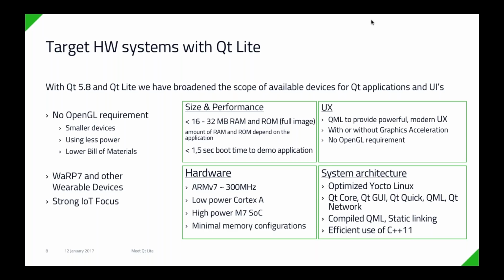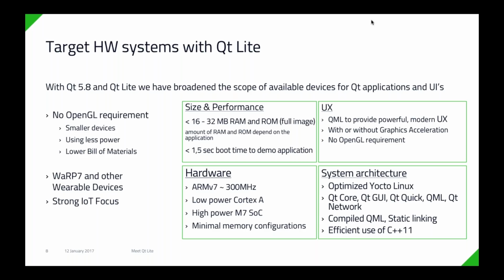This was previously a requirement of QML, but you do not need to have OpenGL hardware, and we've done a lot of work to implement a very powerful rendering pipeline that does not depend on OpenGL. So that is the gist of the hardware focus we've had.